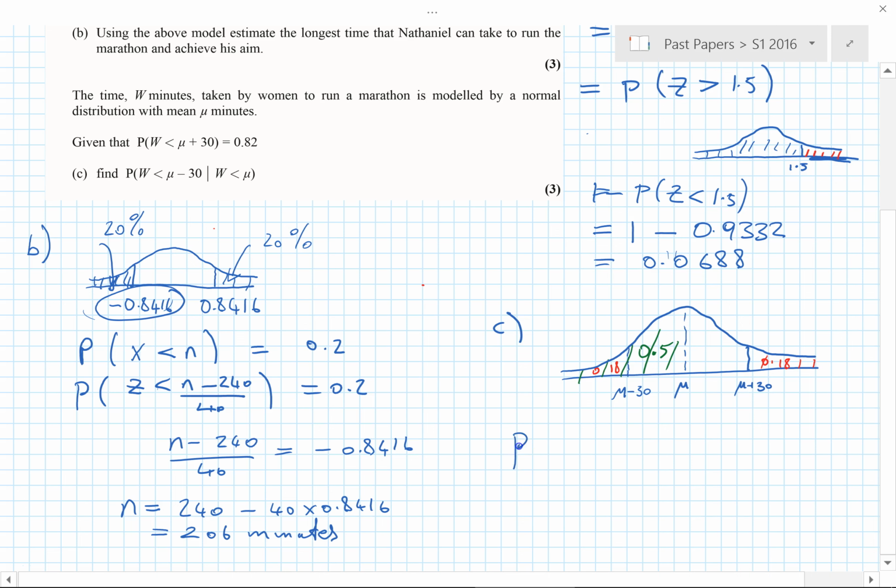So, writing out the question, the probability that W is less than mu minus 30, given that W is less than mu, equals 0.18, which is what we've been asked for the probability of, given that we know we're in this side, so that's 0.5. So that's 18 over 50, or 0.36.